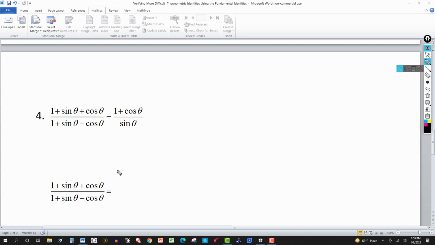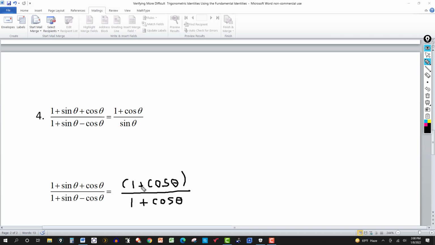So what I did is I said, well, let me just put a 1 plus cosine theta in the numerator. So in other words, what I'm going to do is multiply the 1 plus cosine theta times the numerator, the expression in the numerator, and of course I have to do it to the denominator.